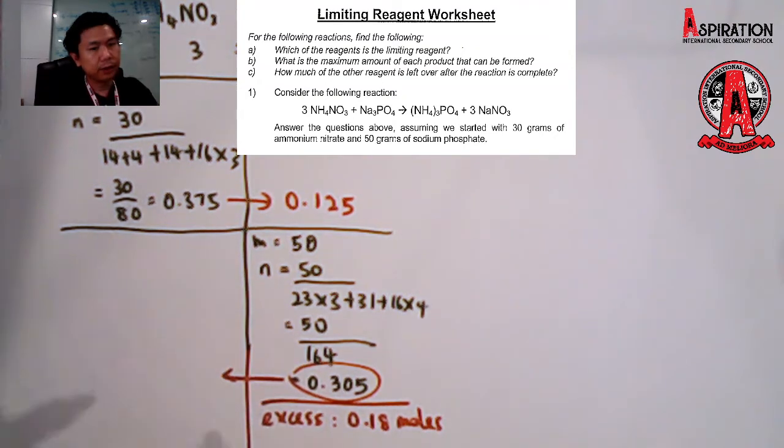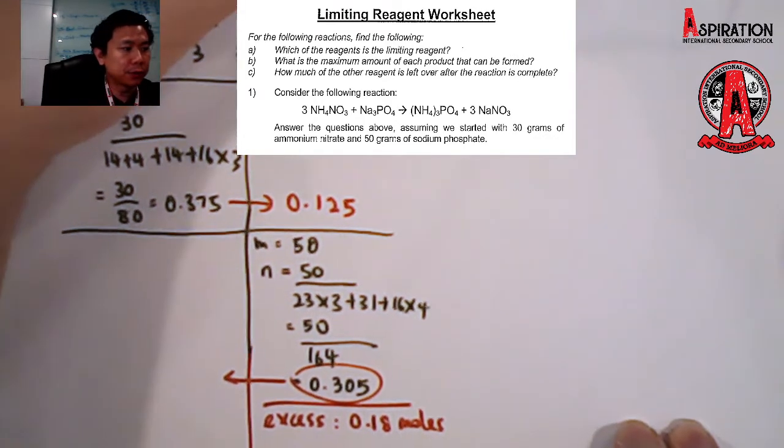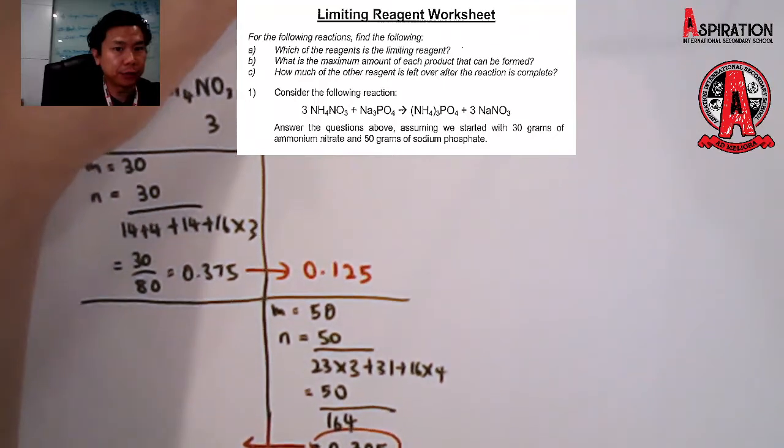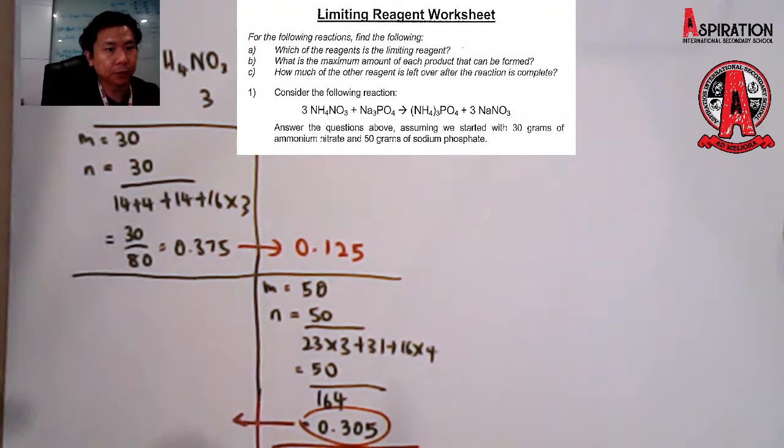Now, in order to reinforce the learning, I'm going to ask my students, if you want to completely use up 0.305 moles of sodium phosphate, how many moles of ammonium nitrate do you need? Right?